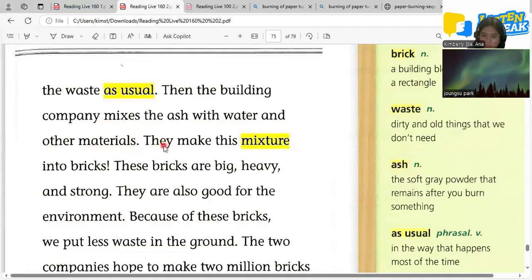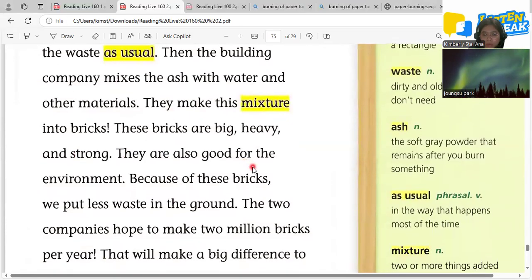They make this mixture into brick. These bricks are big, heavy, and strong. They are also good for the environment.